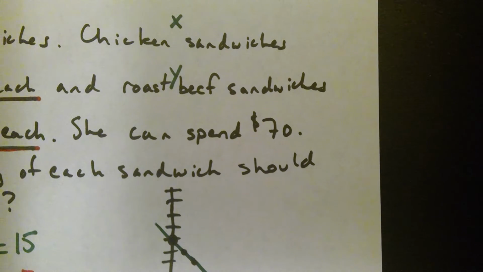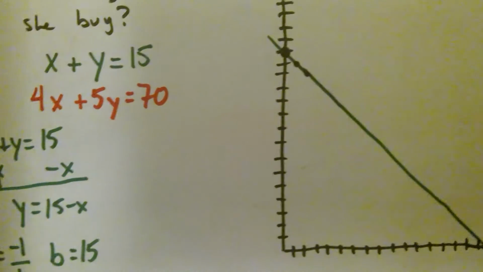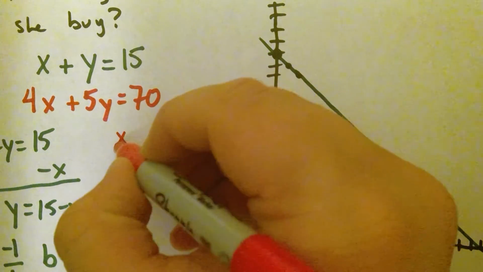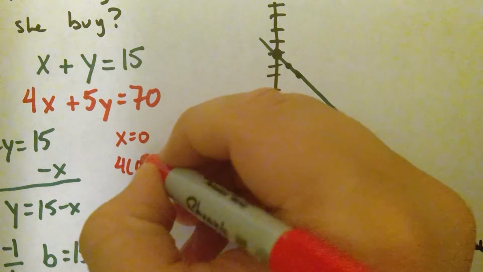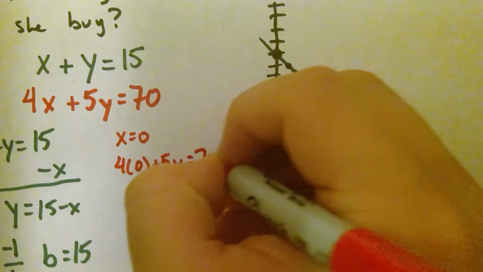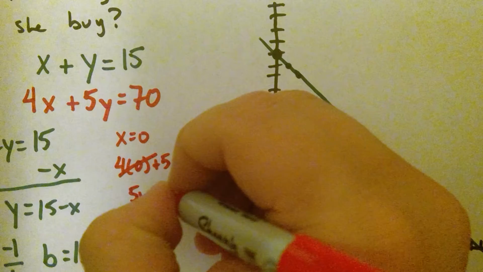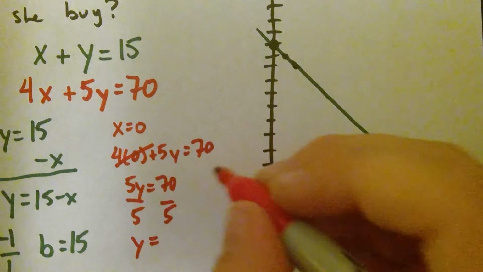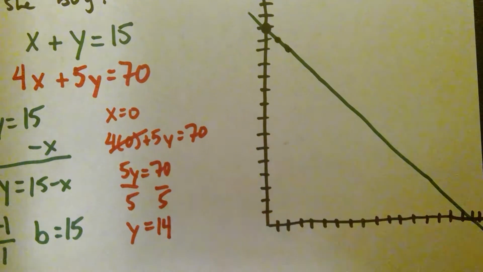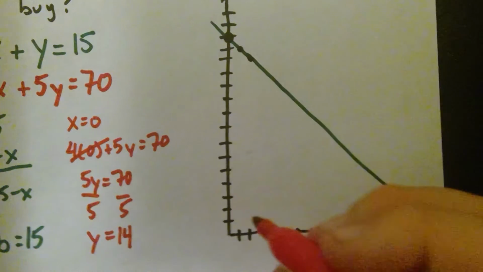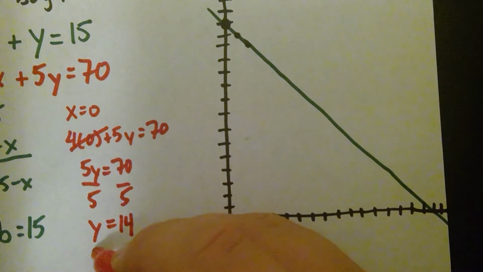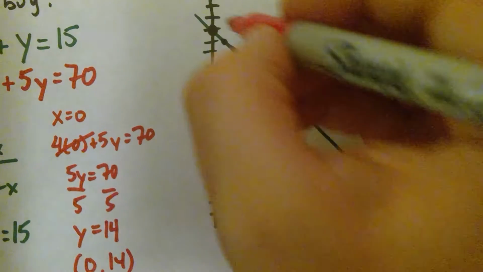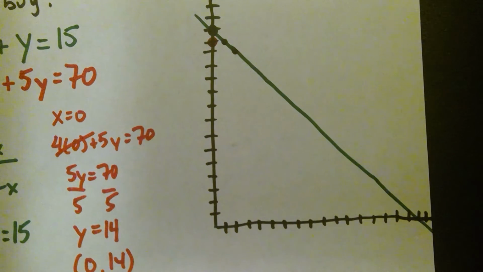And then with red, we'll do our intercepts. So we have at x equals 0, we've now got y by itself. Okay, so x is 0, y is 14. And then we've got our other one here. So we have x equals 0.